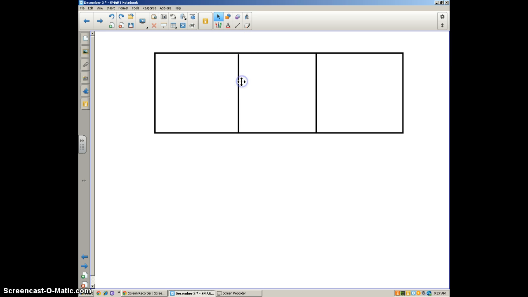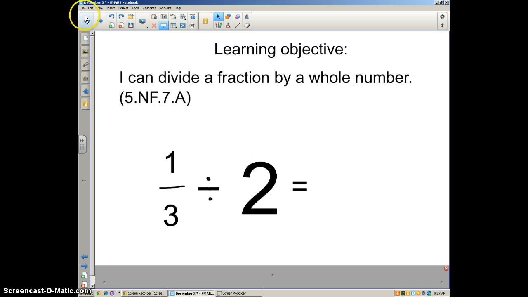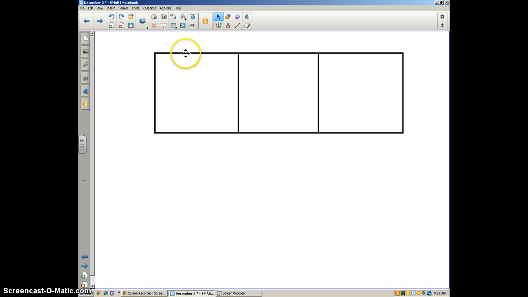Now one of these pieces represents 1/3. Remember, we want to take the 1/3 and divide it by 2. So I'm going to take this 1/3 and divide it into 2 equal parts. I'm going to use this dotted line to show that I'm dividing into 2 equal parts.